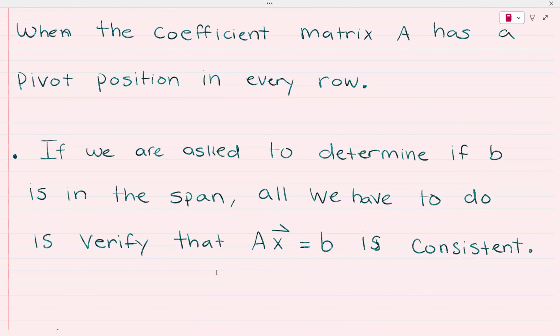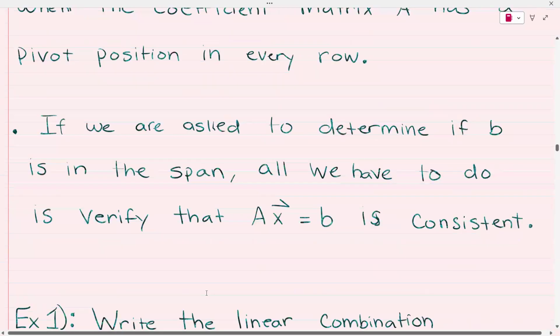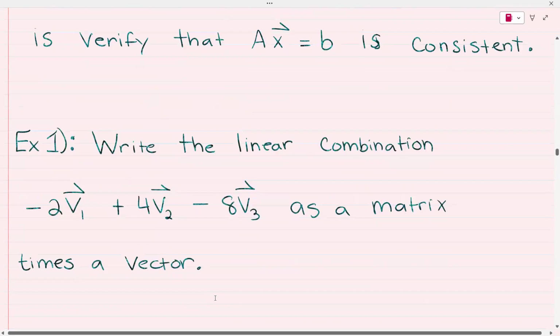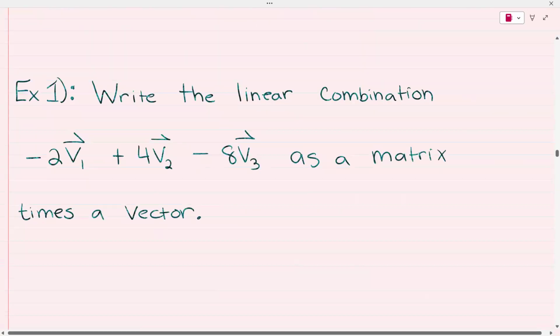Okay, so we'll do an example. Let's do example one. Write the linear combination of this as a matrix times a vector. So how will we do that?